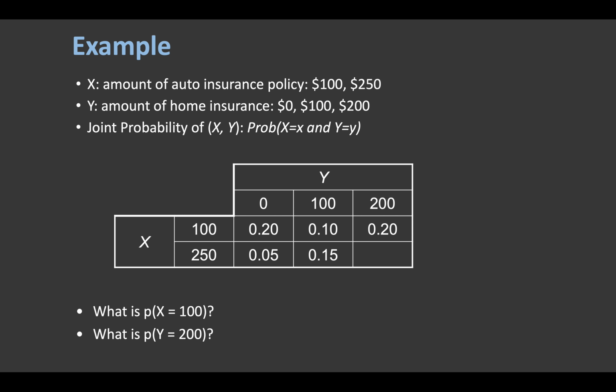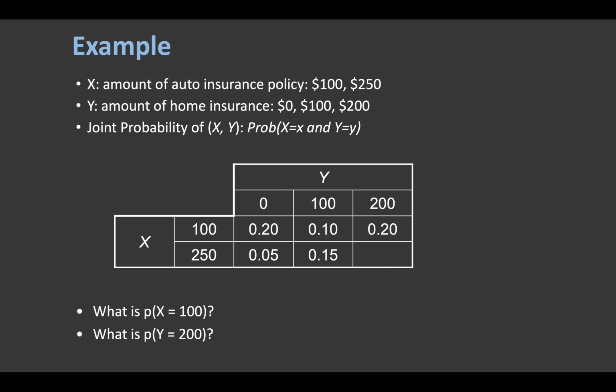Here's one example. If that is a bit hard to understand, maybe this example will help. I have two random variables, both discrete. X is the amount of auto insurance policy, maybe for a household, I can choose from these two. And Y is the amount of home insurance.